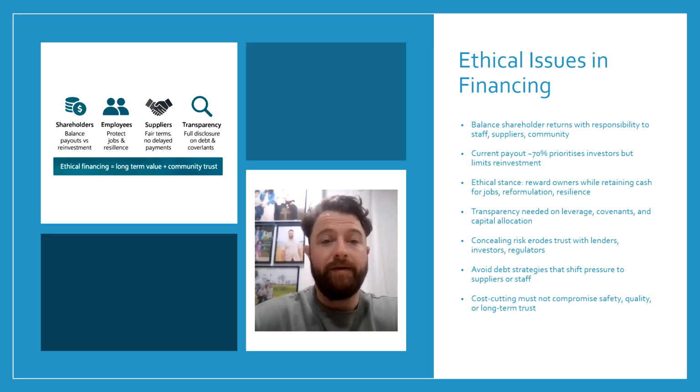Transparency is another key issue. Lenders, investors, and regulators must receive clear disclosure on leverage, covenants, and capital allocation. Concealing risk damages trust. Ethical financing also means avoiding debt strategies that transfer risk to suppliers or staff through delayed payments or cost cutting that harms safety and quality.